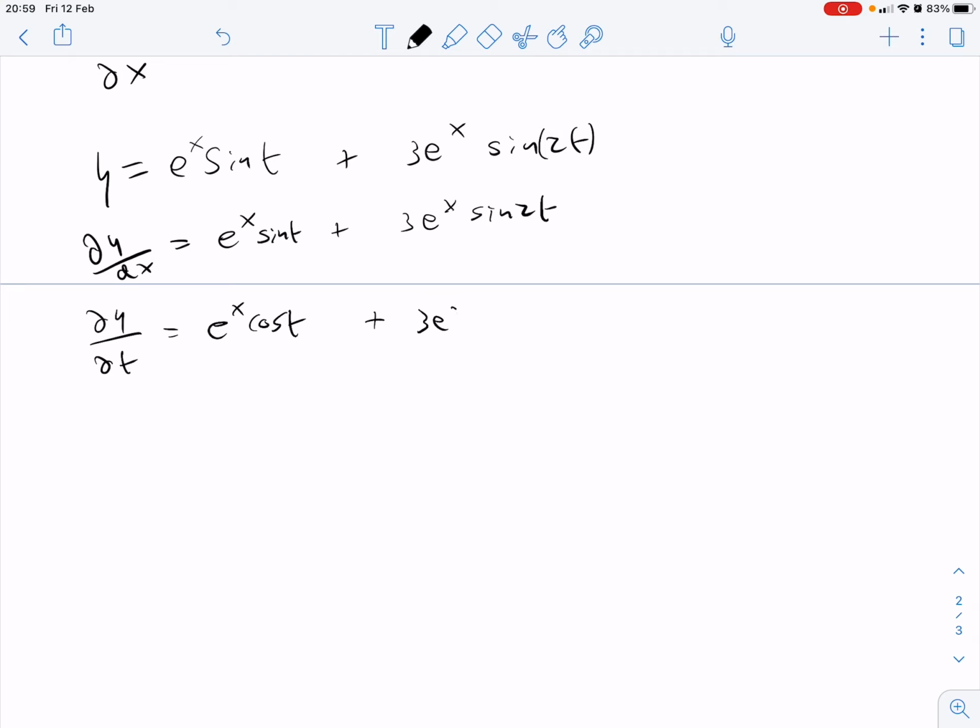So it's 3e to the x, and then that will be 2 cos 2t. We just differentiated that and put it there. So that gives us e to the x cos t plus 6e to the x cos 2t.